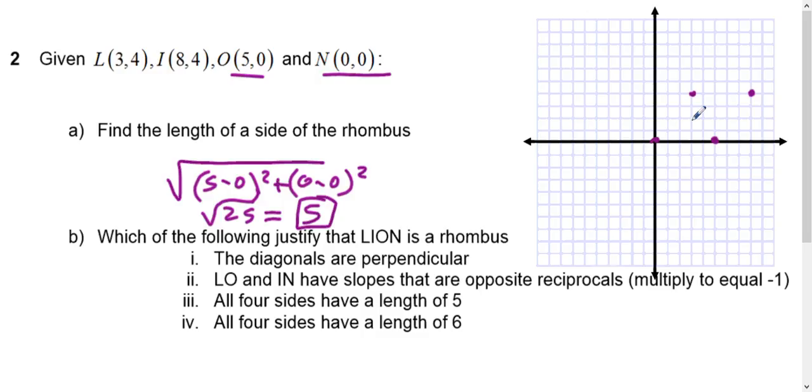You could check the slopes of those diagonals and see if they're opposite reciprocals. This one goes up 4 over 8, or 1 over 2. The other one goes down 4 over 2, or negative 2 over 1. One is positive, one is negative, and they're opposite reciprocals, so the diagonals are perpendicular. That's true.